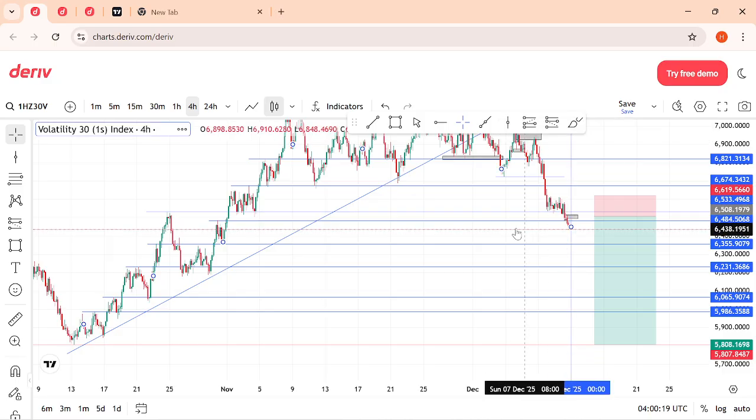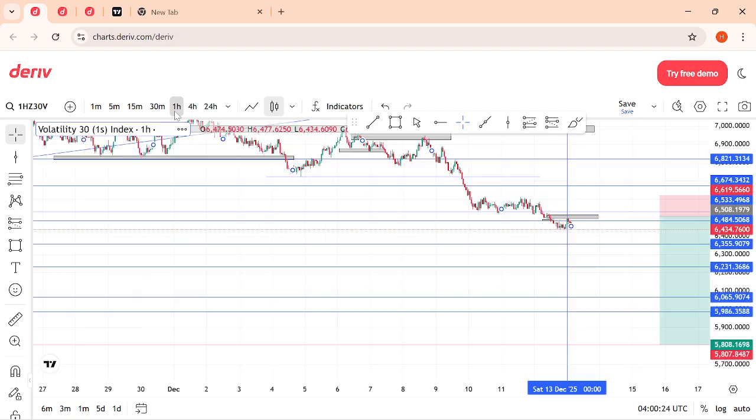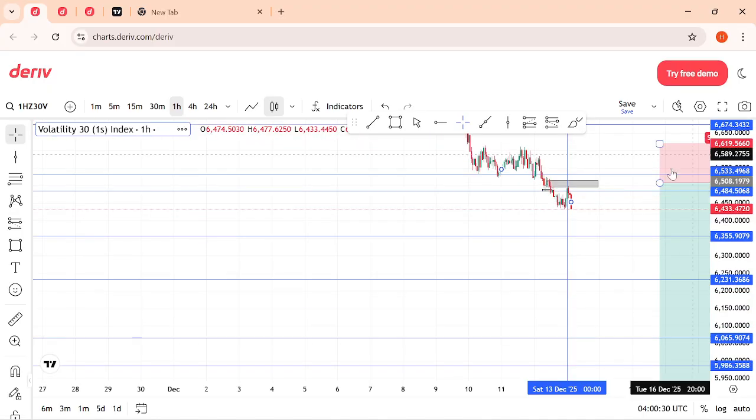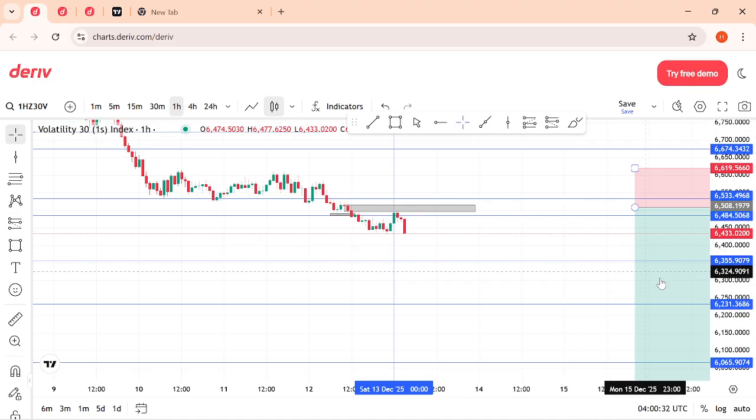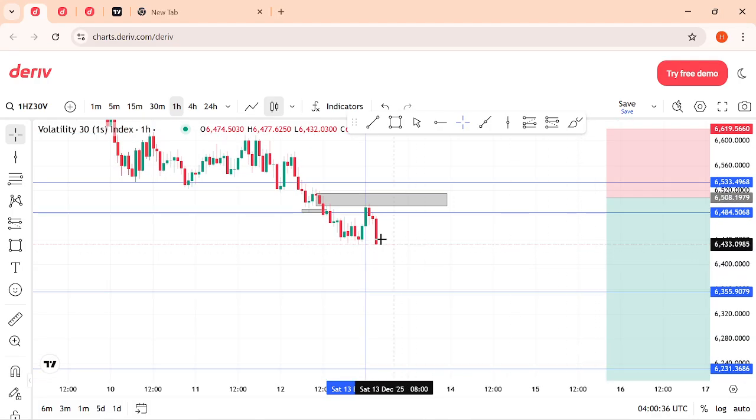Now using the hours based on retracement, okay, let's see. Basically you can see this is the 4 hours closing, so we can possibly be waiting for a retracement on the next 4 hours in order to ride the next sell to this point.